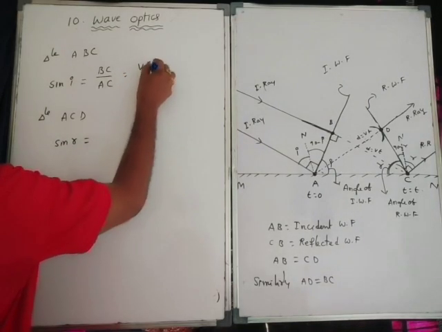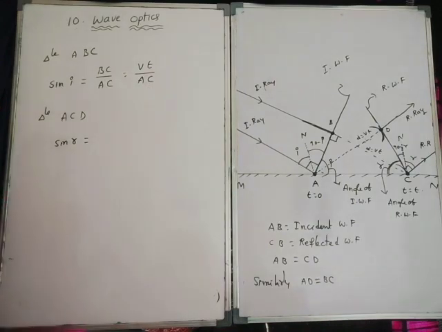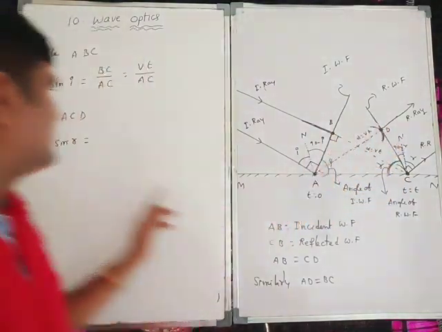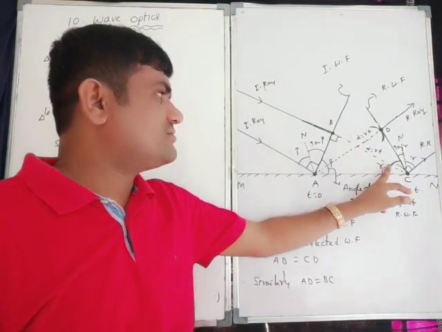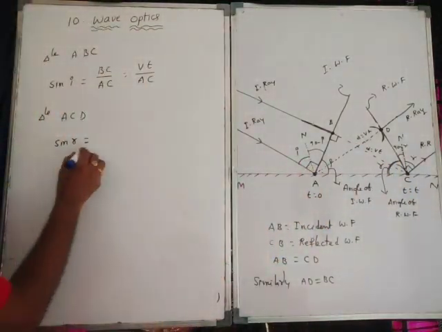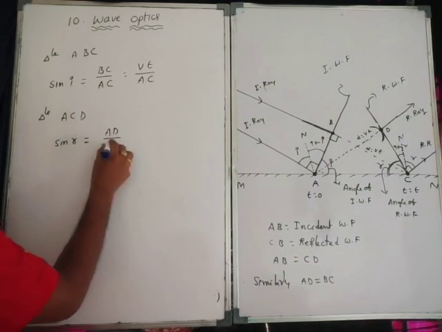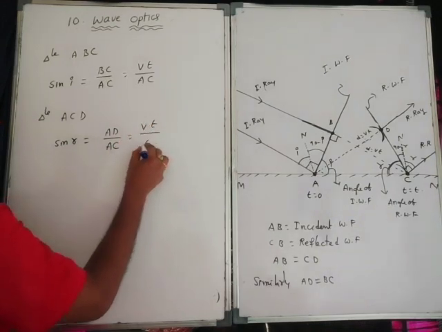V into T divided by AC. Similarly, triangle ACD, with respect to this angle, sin is opposite side by hypotenuse. So sin R is equal to AD divided by AC. AD is equal to V into T, divided by AC.